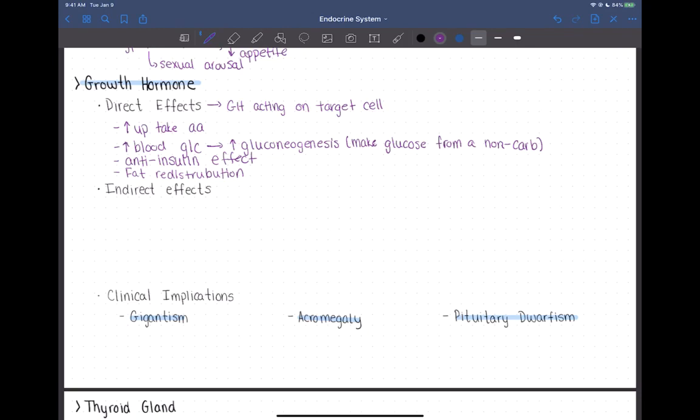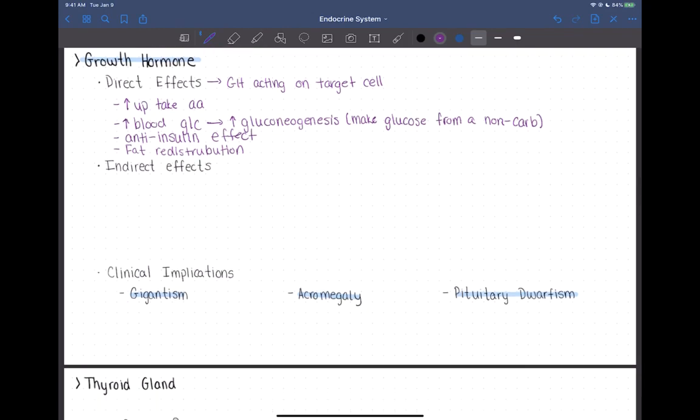This would be where it acts through the liver. So its indirect effects are that growth hormone goes to the liver, and it causes the liver to produce what are called somatomedins. They also sometimes go by insulin-like growth factor.